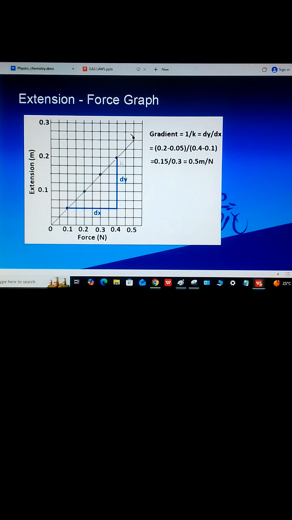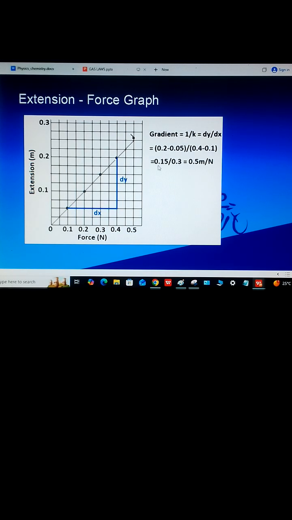All right, from here we get change in y is equal to the change in extension, that is 0.2 here, minus 0.05. Divided by the change in x, which is 0.4 newtons minus 0.1 newtons.